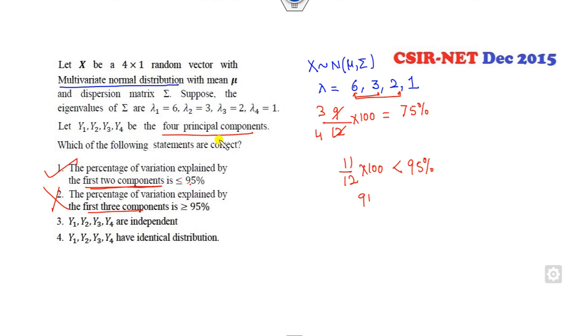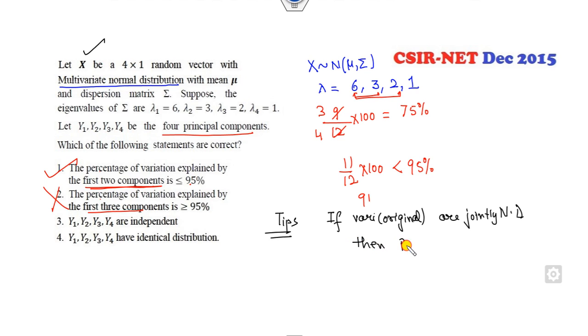The yi's are independent, so the principal components are independent. Remember, if the original variables xi are jointly normally distributed, then the principal components are uncorrelated, meaning covariance 0.